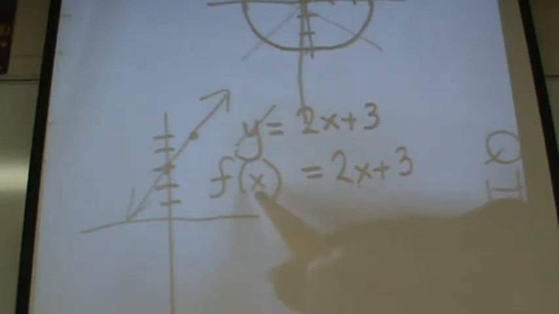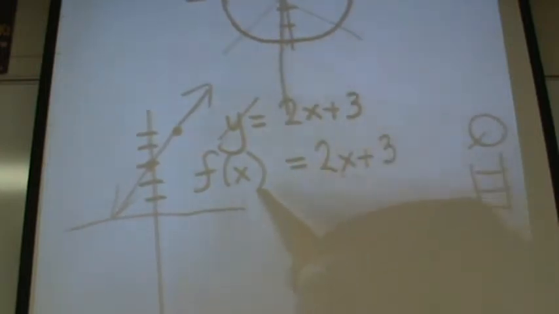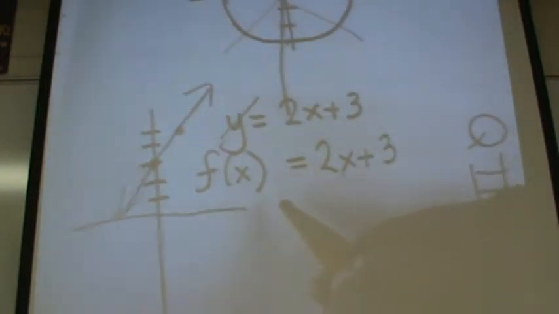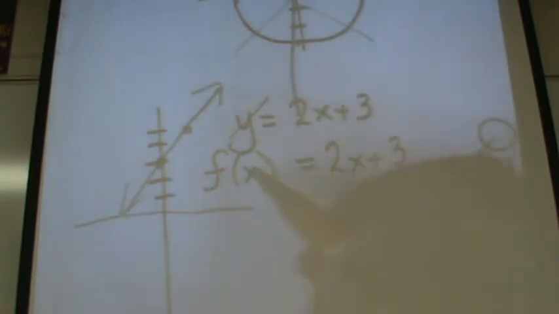When you see that function notation, that fancy f, you know that for every x there's only going to be one y value. It's kind of like when you get your PhD, you can put Dr. in front of your name. You are now a doctor.